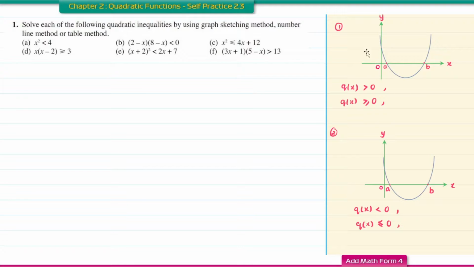For number 1, let's say this is the graph that you get, and Q(x) is the quadratic function. If your quadratic function is greater than 0 or greater than or equal to 0, then the range of the value of x will be determined on the graph above the x-axis. So it will be here.